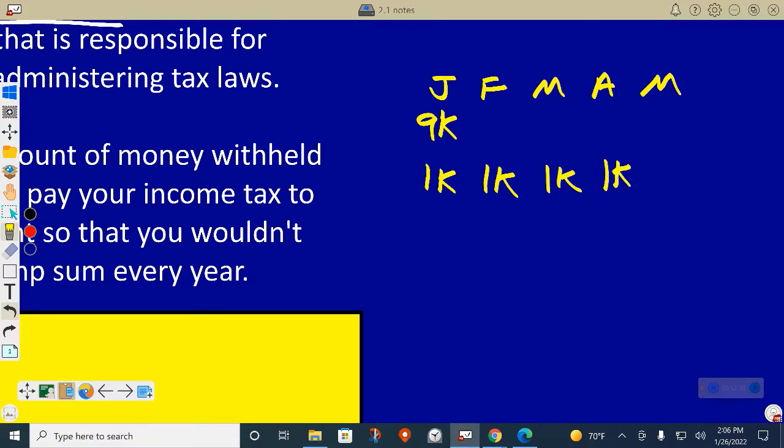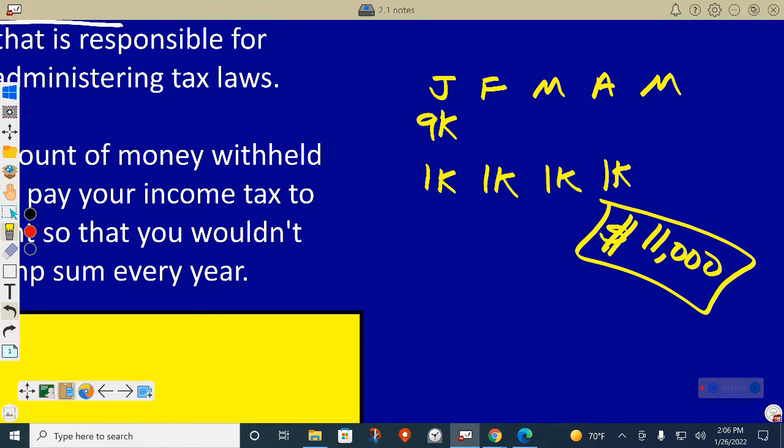The reason they do that is so at the end of the year when I do my taxes, let's say I owe the government $11,000 in my taxes. Okay, watch this. I don't want to write a check at the end of the year for $11,000 to anybody, let alone the federal government.